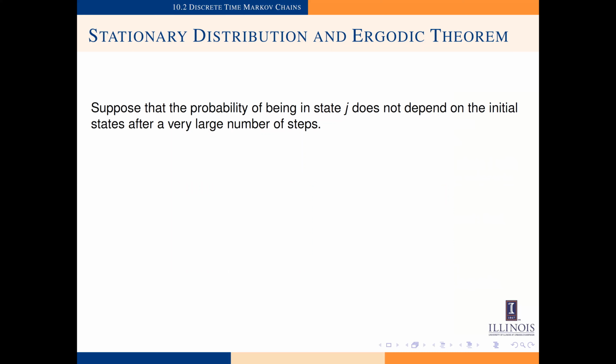This is because when a Markov chain is ergodic, then a unique stationary distribution exists. Suppose that the probability of being in state j does not depend on the initial state after a very large number of steps.